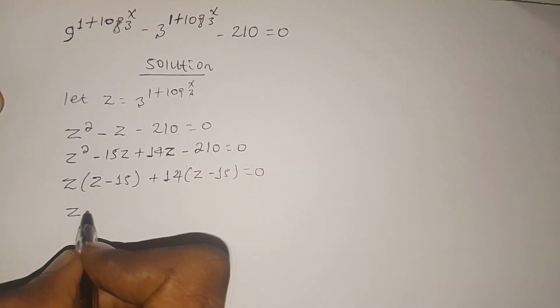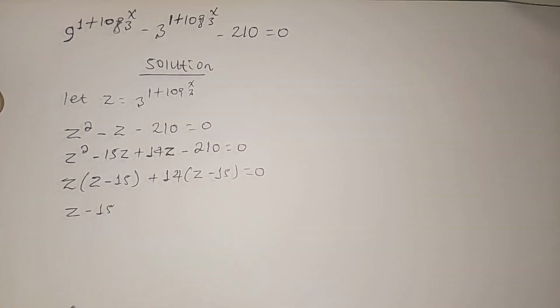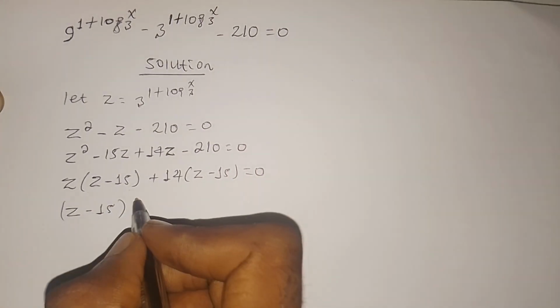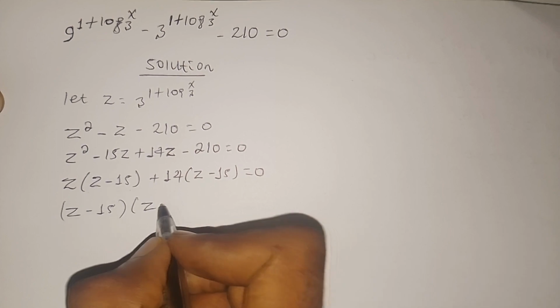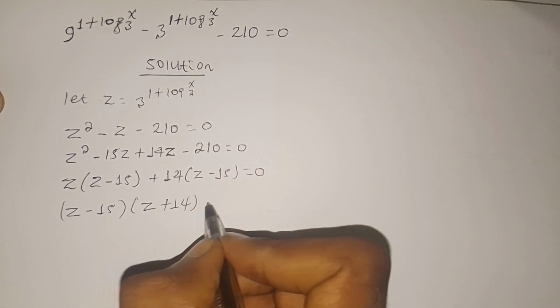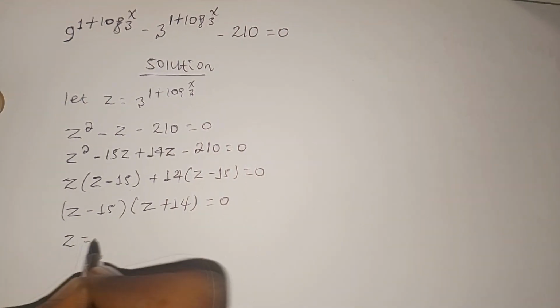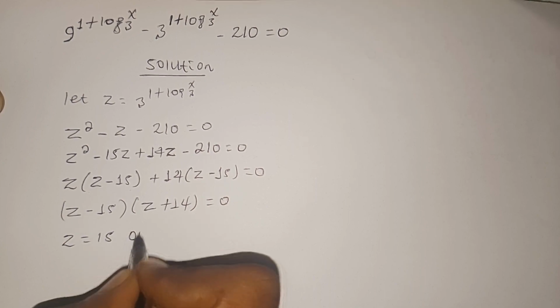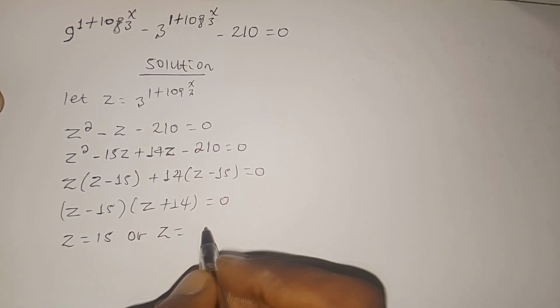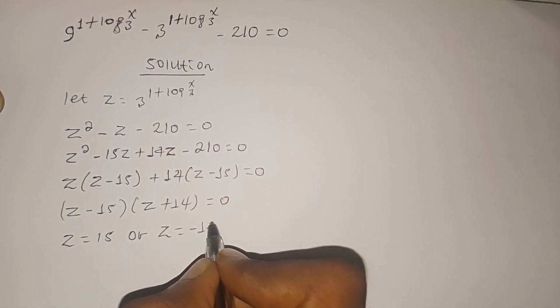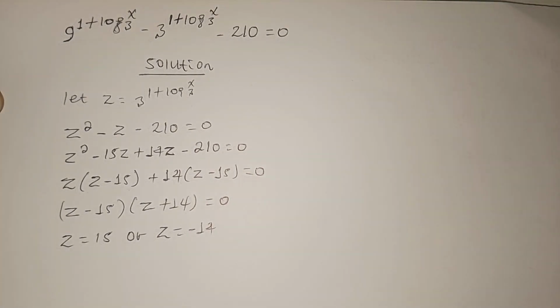So z minus 15 into z plus 14 is equal to 0. This means z equals 15, or z equals negative 14. Now we are going to take the positive value, that is z equals 15.